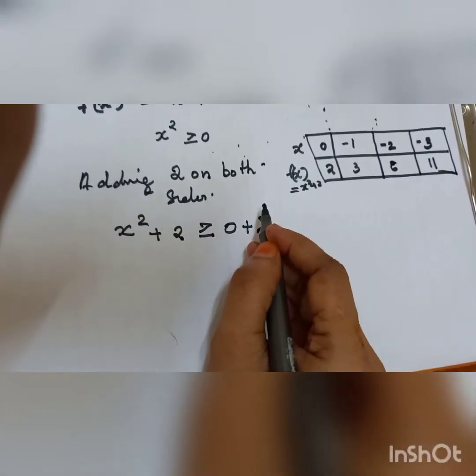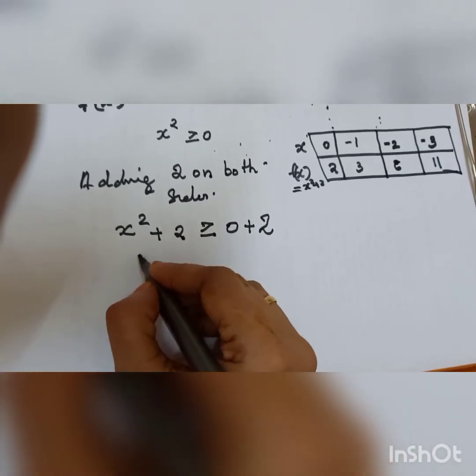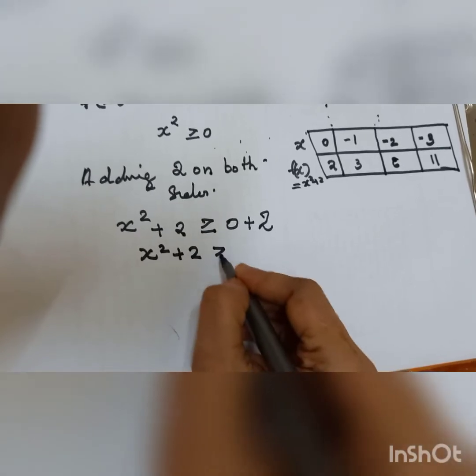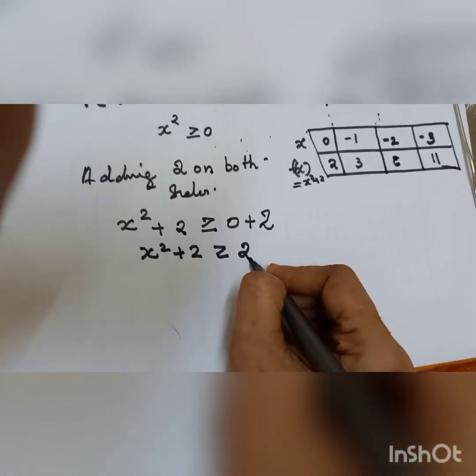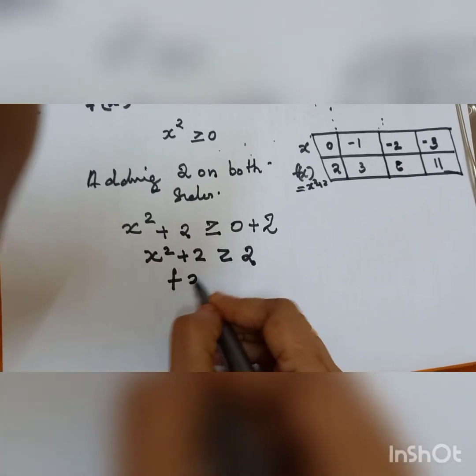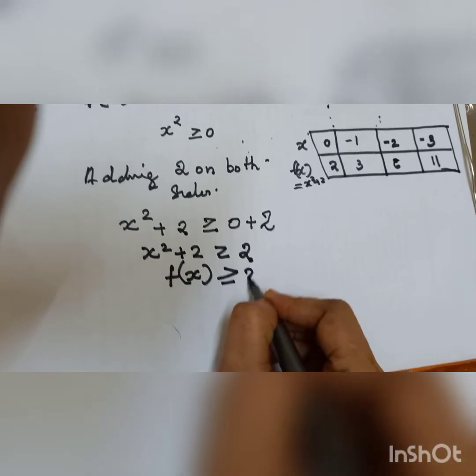So x square plus 2 is greater than or equal to 2. What is x square plus 2? We get f of x. So we can write f of x is greater than or equal to 2.